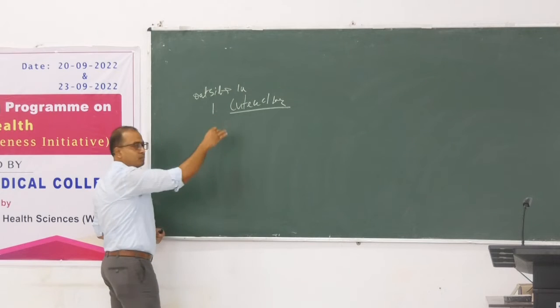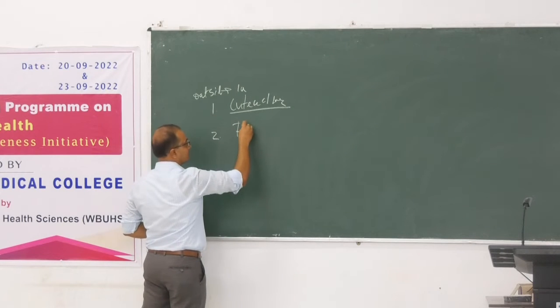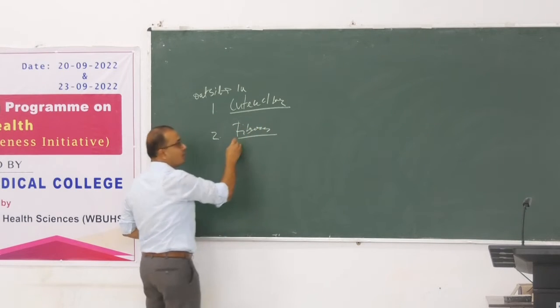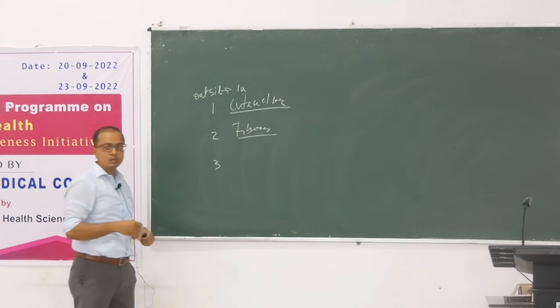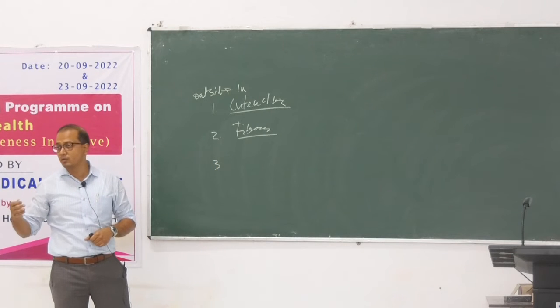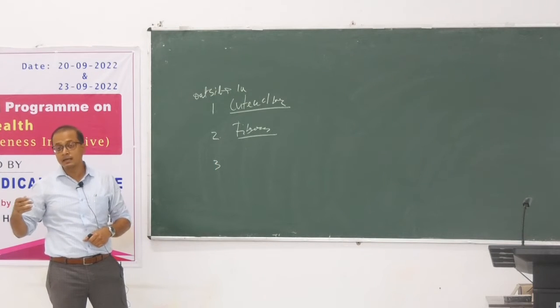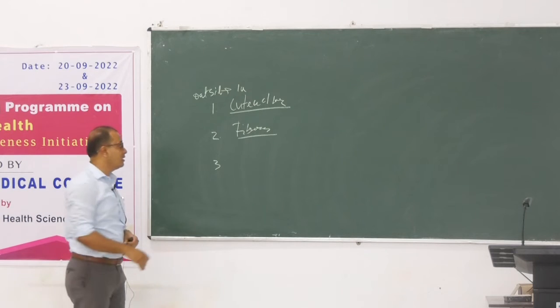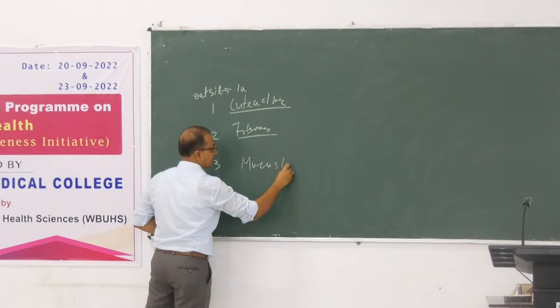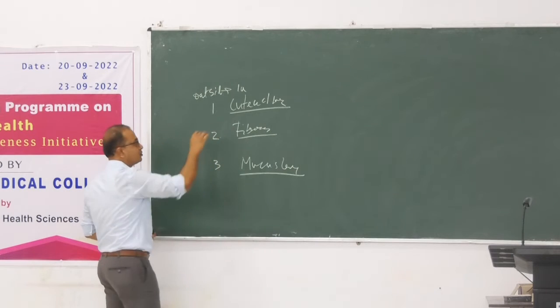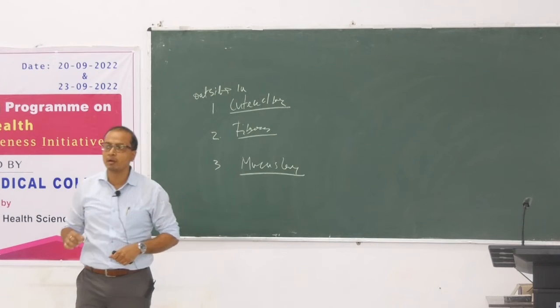The second layer, deep to this, is a fibrous layer, which is made of fibers. And the third layer, on the inner side, which you cannot see no matter what, on the inner side of this cavity, is known as the mucous layer. So these are the three layers of the tympanic membrane.